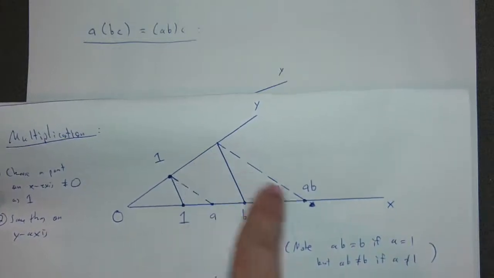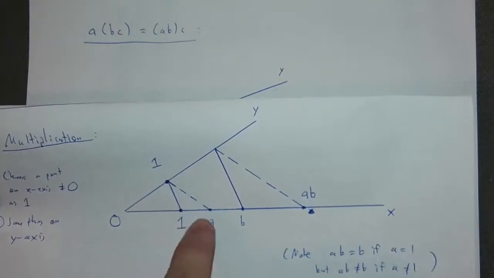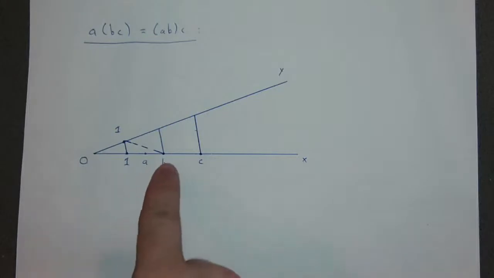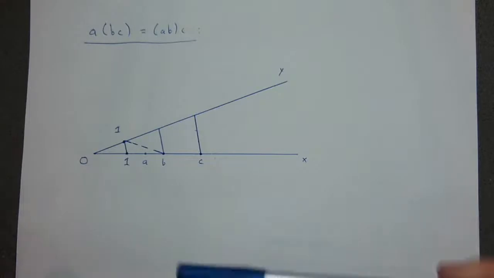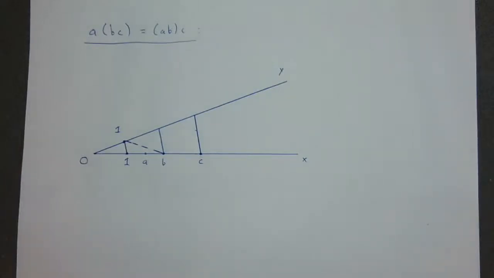And from that intersection point, we have a dashed line that is parallel to my dashed line here from A. So we're doing B times C first. So I draw a dashed line from B to the 1, so then I need to draw a dashed line. It might be a little bit confusing because I already drew in this line knowing that I would need it. But I'm not using it right now. So you can ignore that if you want.